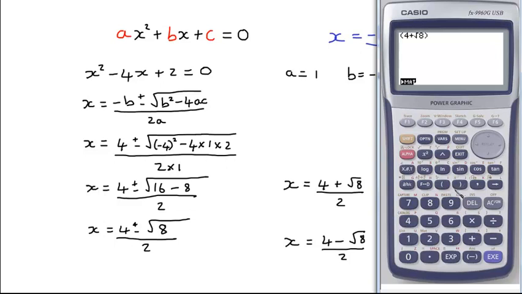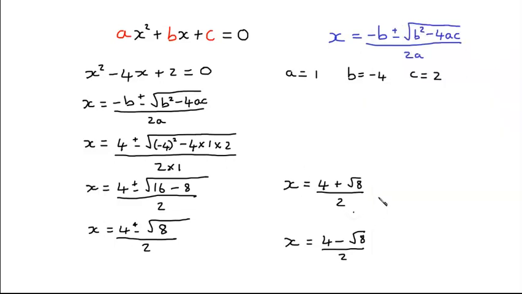Close our brackets, that's our top half of our fraction, and we're dividing the whole thing by 2. And that gives us 3.4142, etc., which if we write it to 2 decimal places will be 3.41. So let's write that on here. That equals 3.41 to 2dp.